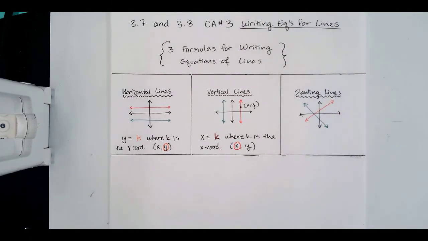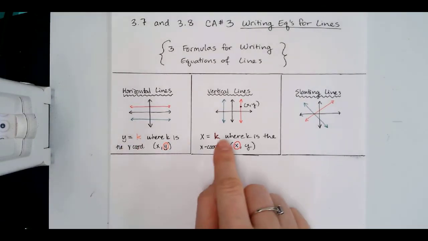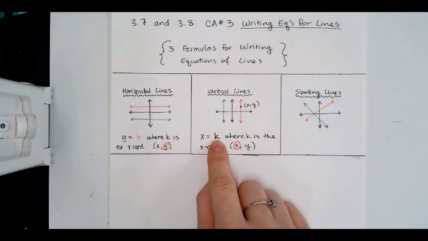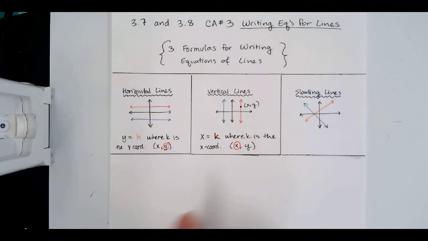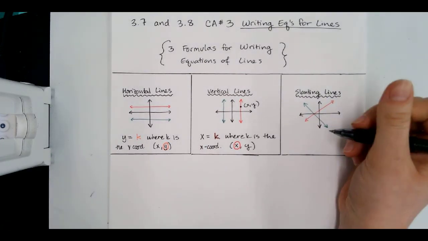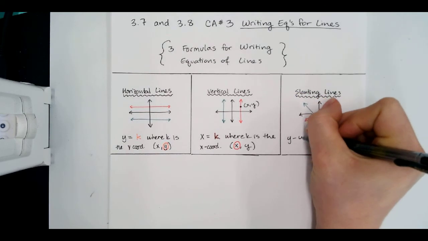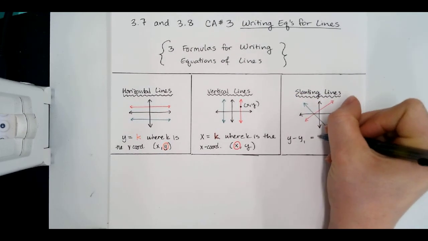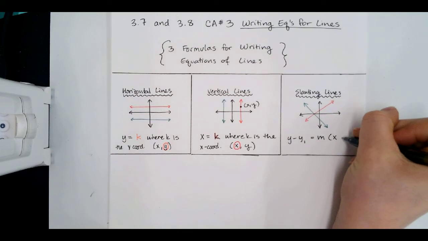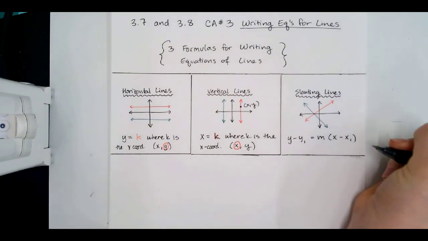Because these lines vary so much, their equations are a little more interesting than the horizontal line and vertical line. Horizontal and vertical lines have pretty straightforward, simple equations. You just pick one number and plug it in. So for slanting lines, we use this equation: y minus y sub 1 equals m times x minus x sub 1.